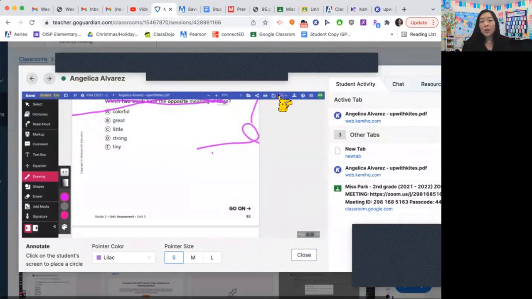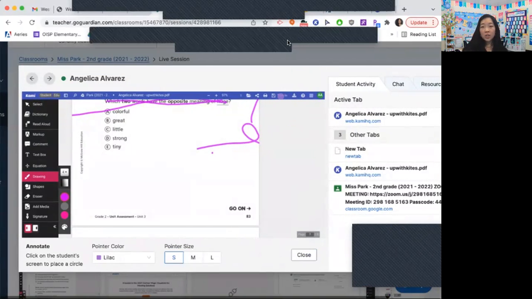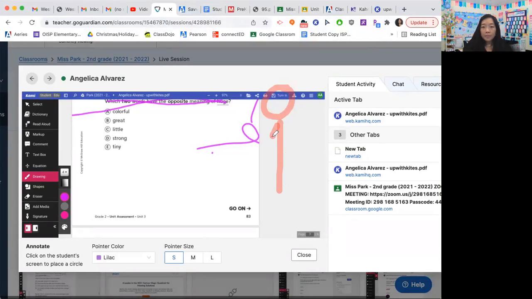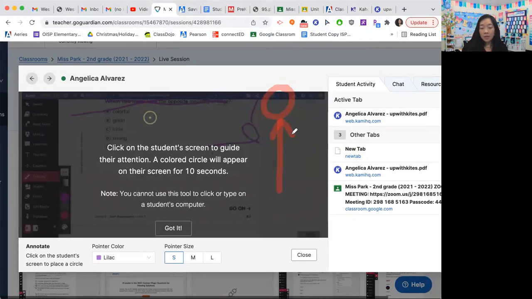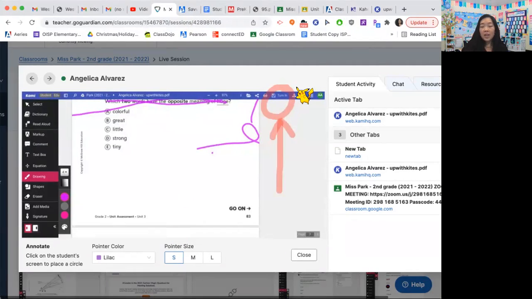There's going to be a turn in button right at the top of your screen. Whenever you're ready to turn it in, click on that turn in button. It's going to ask, are you sure? And then you're going to click yes. And then that's how you turn in your assignment. Please make sure that you do turn it in. Please turn it in by today. If you need more time, you can watch this video on YouTube to get that done.